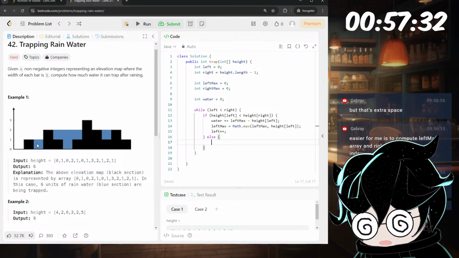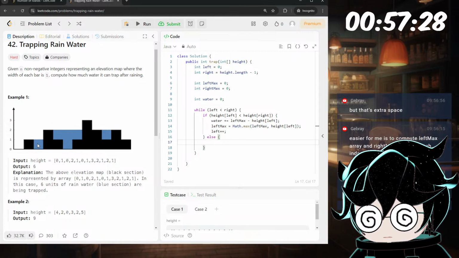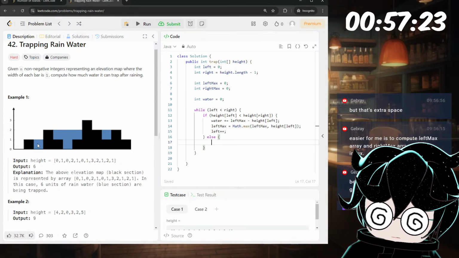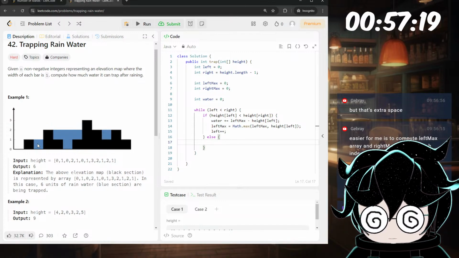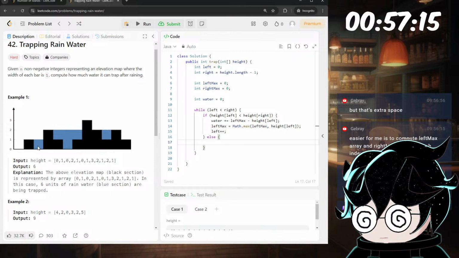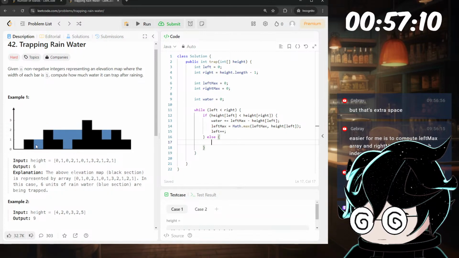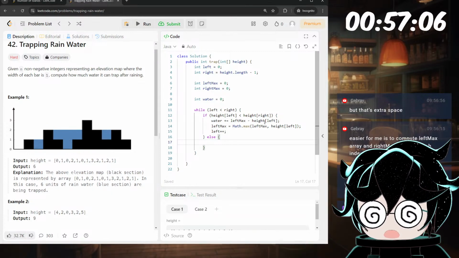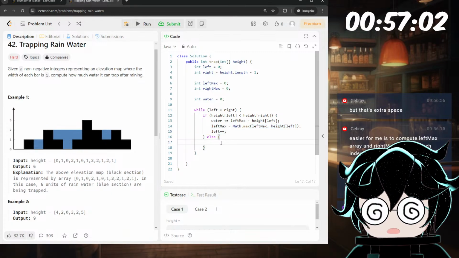Because I'm thinking, what if we're here, right? If height left is less than height right, water plus equals left max minus height left, and then you update the max, and then update the left.